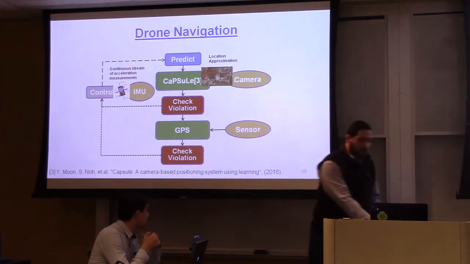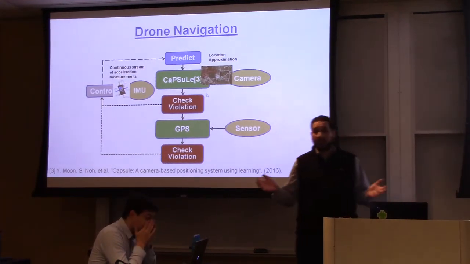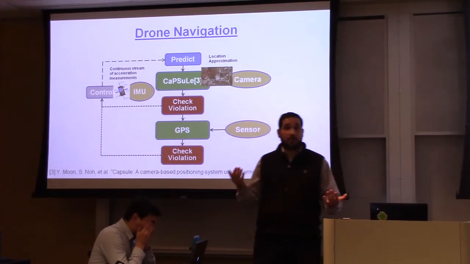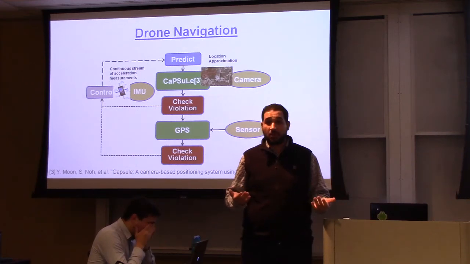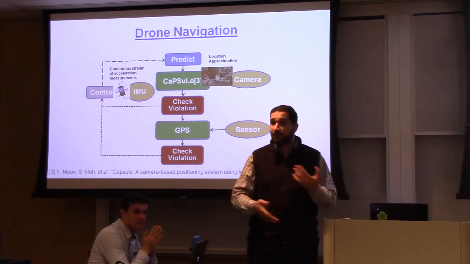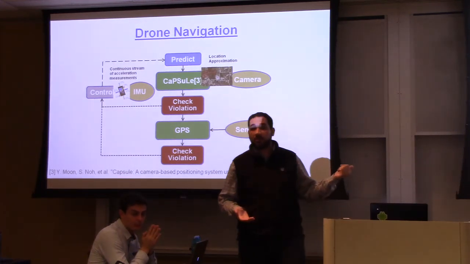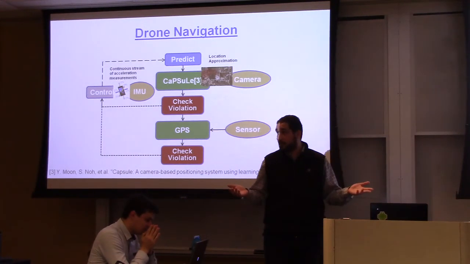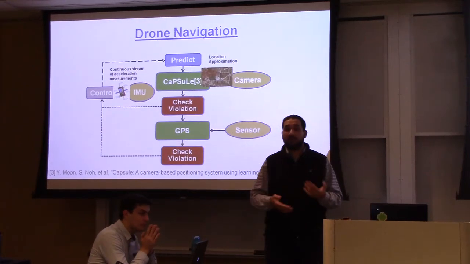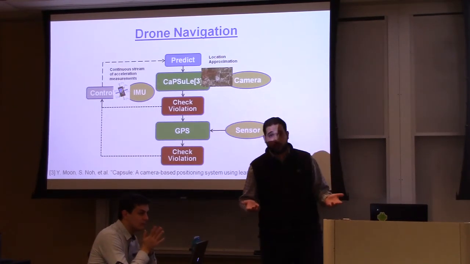And what the check violation is doing here, based on the energy we have on the drone, is this: if the system cannot approximate the location of the drone accurately, it asks for more data, which we can get from the GPS, which of course is more costly. So it checks first if we have resources available to do that.